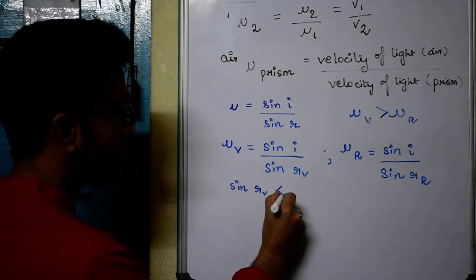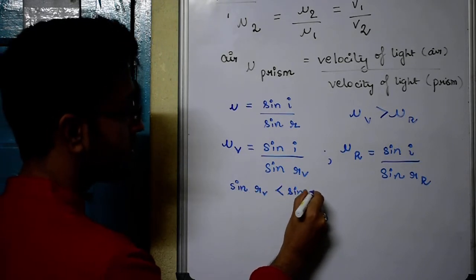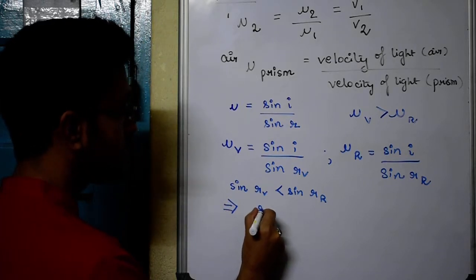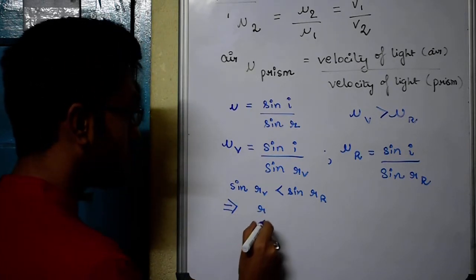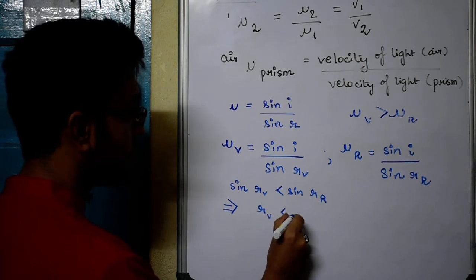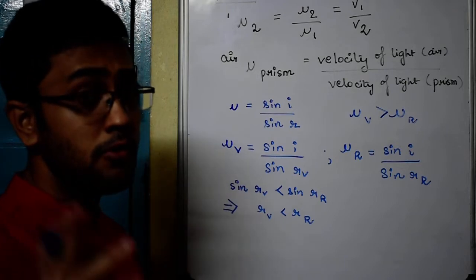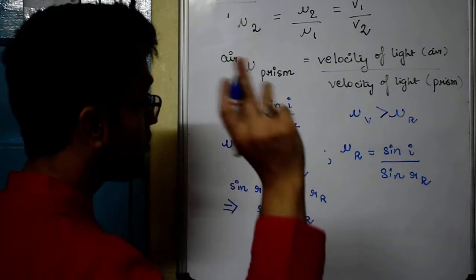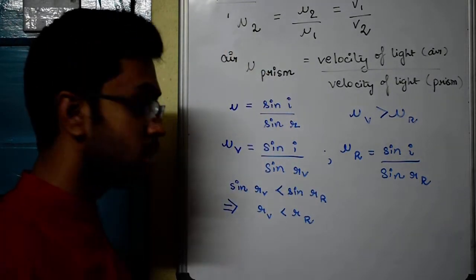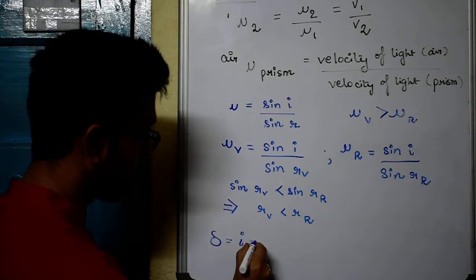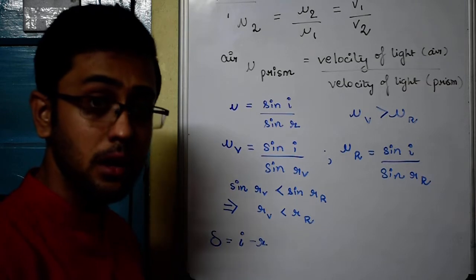Sin r violet is smaller than sin r red, which implies that the angle of refraction for violet light is smaller than the angle of refraction for red light. We know now the formula from the previous diagram of deviation. We saw geometrically that deviation is equal to i minus r.